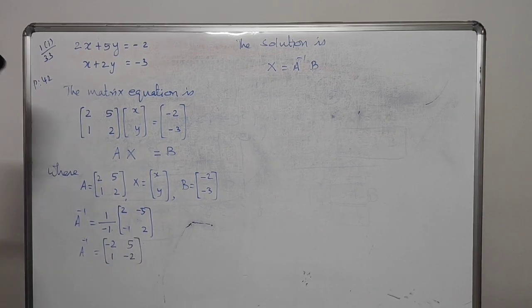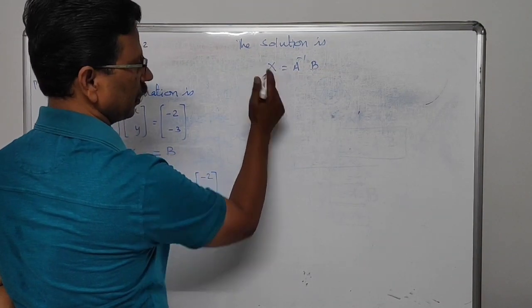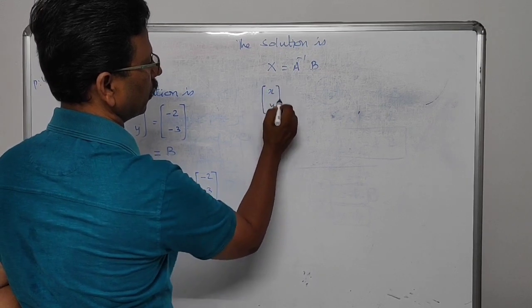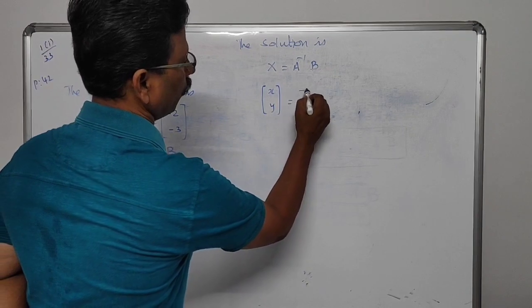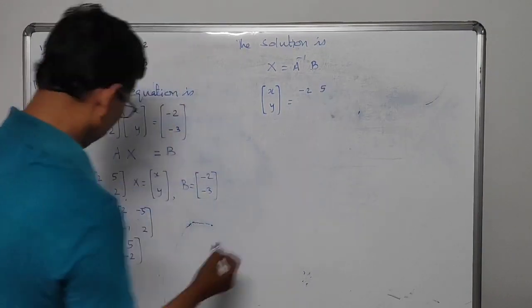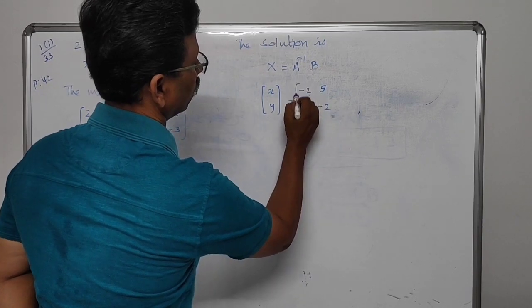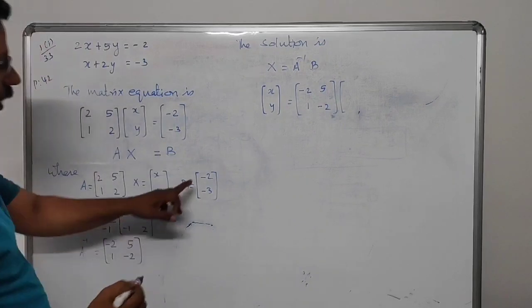Now this can be applied here. Now X is nothing but the matrix x, y. You can just replace: equal to A inverse, minus 2, 5, 1, minus 2, into the B matrix, minus 2, minus 3.